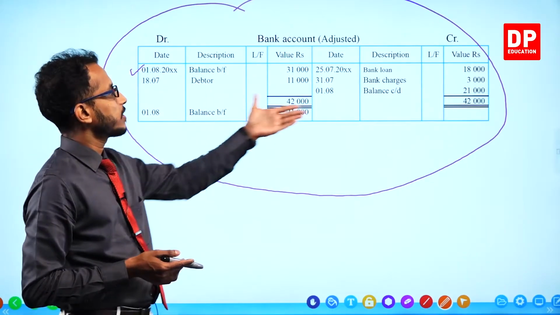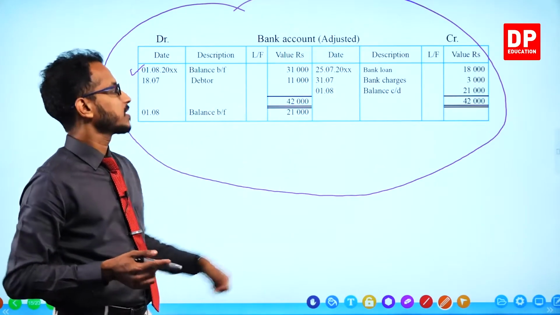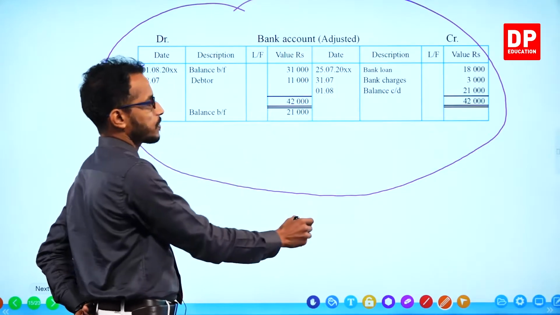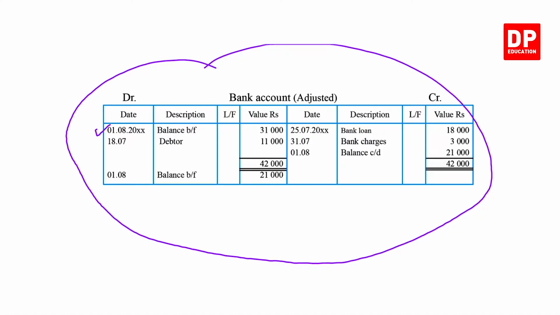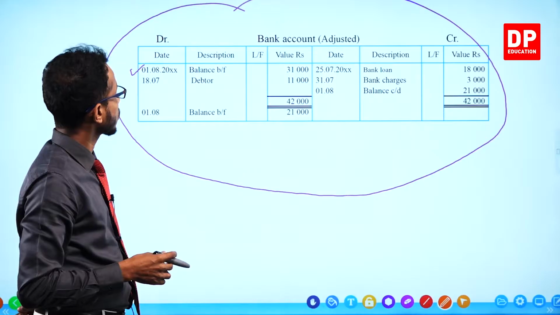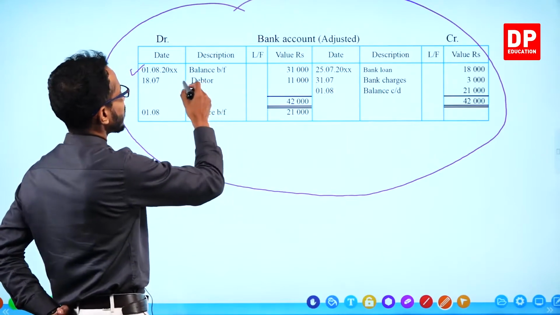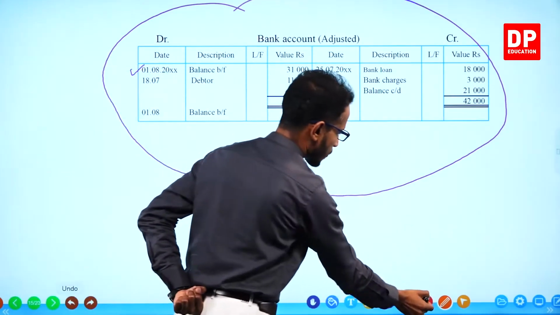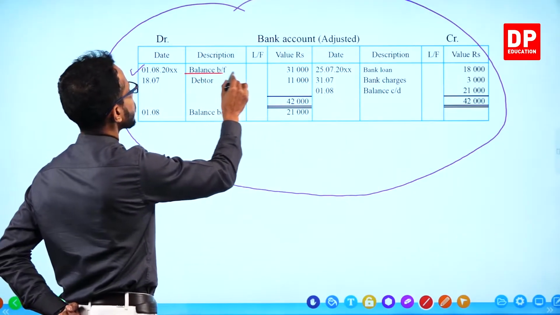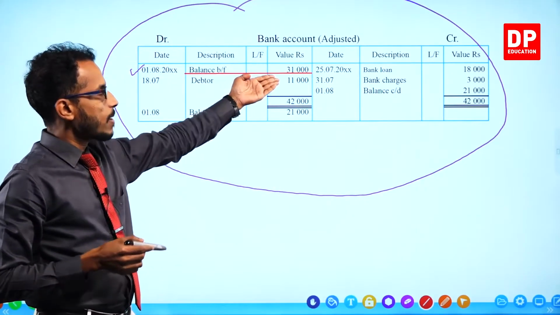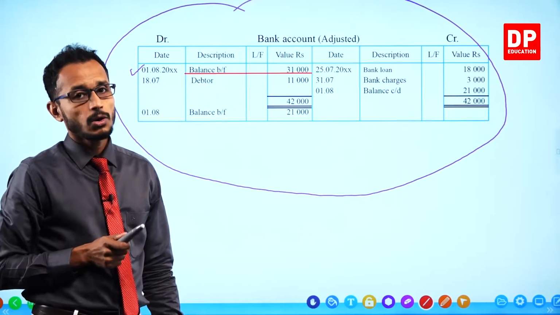Okay, here we go. This is where we stopped. I'm going to mark the items which are in the adjusted bank account. First, the balance brought forward is here. Balance brought forward, 31,000. That is the final balance of the given bank account.